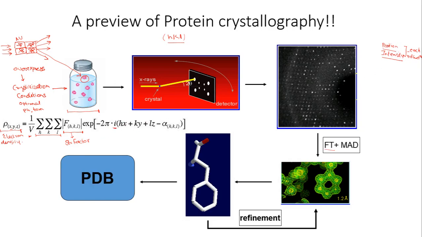Now there is one more factor that needs to be understood. Using the data obtained from X-ray crystallography, you can only infer this structure factor in your Fourier transform expression. But in order to complete the Fourier transform, you would also require this quantity to be measured, which we have represented as alpha HKL, and which corresponds to the phase.